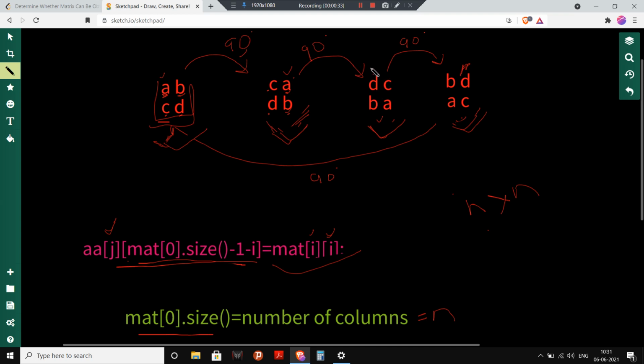If it is not, then I will again rotate it. If it is equal, then I will return true. Otherwise I will return false, because at last I am going to return to the initial matrix only. So I think my logic is pretty clear to you, and it will become clearer as we move to the code part.